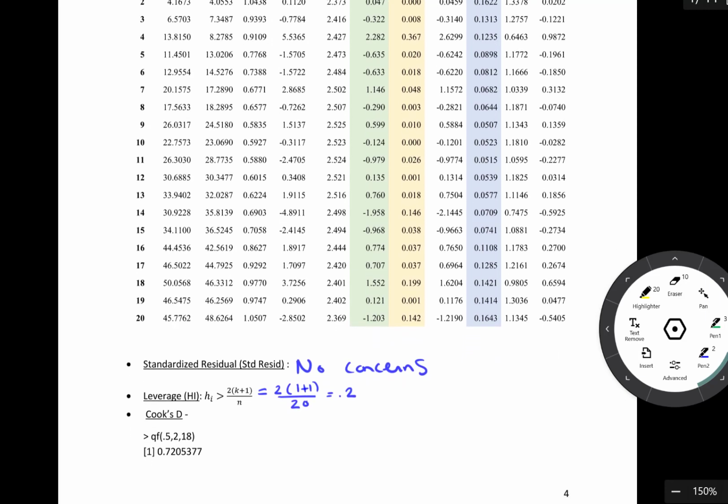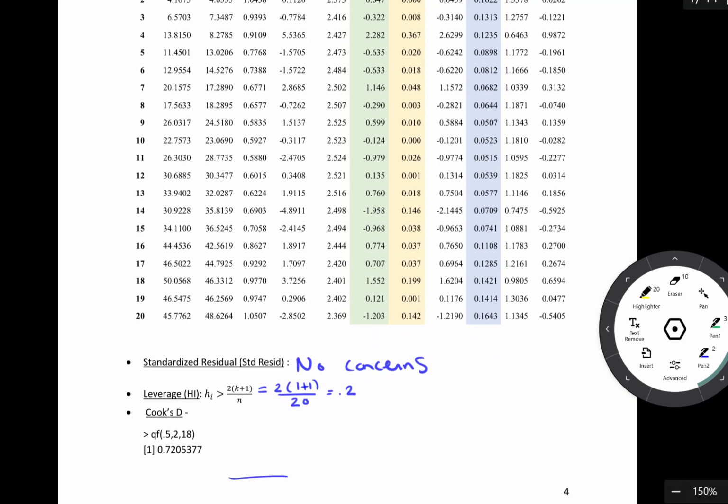And then for Cook's D, what we compare to is this: if we were to draw an F distribution, we want the endpoint that has 50% of the area to the left.